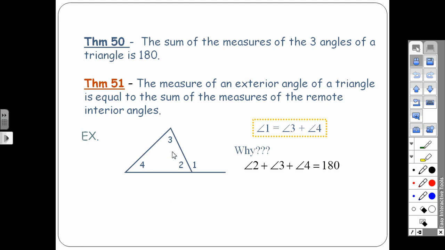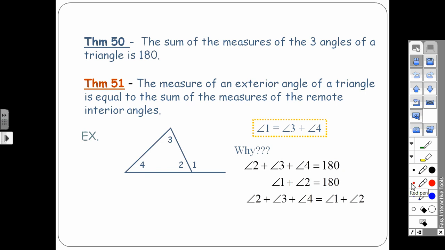Well, if we look at this using theorem 50, angle 2 plus angle 3 plus angle 4 is going to be 180 degrees because all the angles add up to 180. But we also know angle 1 and angle 2 form a linear pair, so we know that they add up to be 180 degrees. So if both of these sides equal 180, we can set both of these expressions equal to each other.